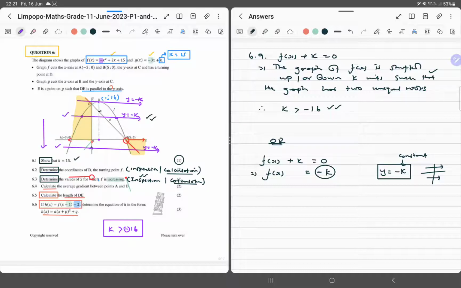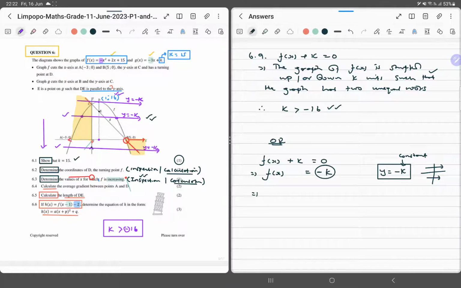Okay, so now we can see, but how do we answer this? This tells you and I that our k must be a value less than 16, which is the maximum value of that turning point.